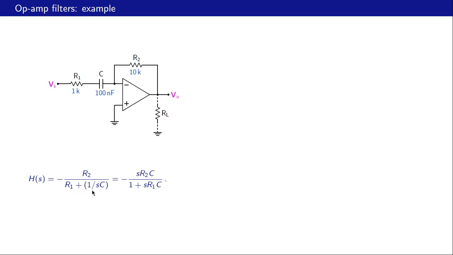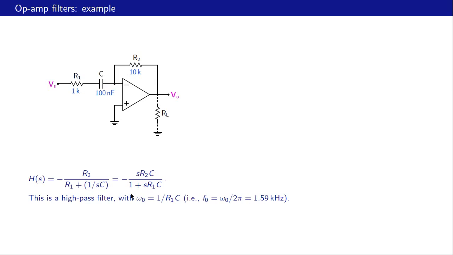And when we simplify that, we get this expression here. And this turns out to be a high pass filter with the corner frequency omega 0 equal to 1 over R1C, and F0 in hertz then is omega 0 by 2 pi, and that turns out to be about 1.6 kilohertz for the component values that we have in this example.